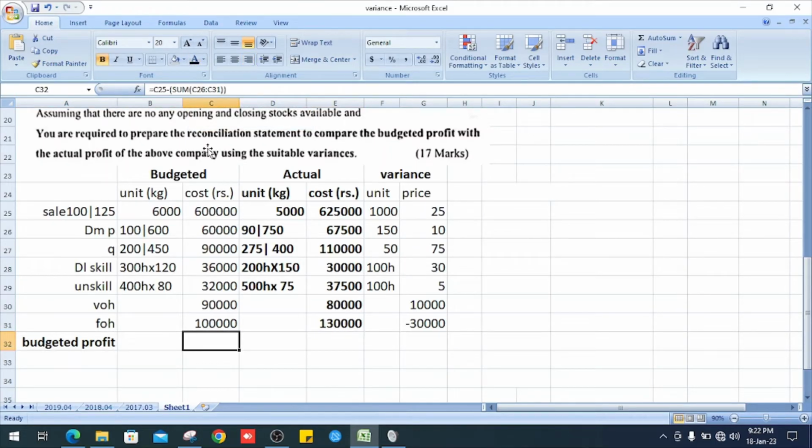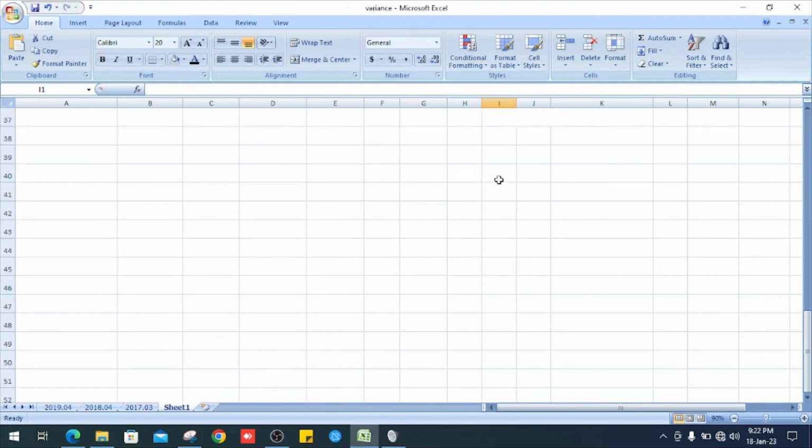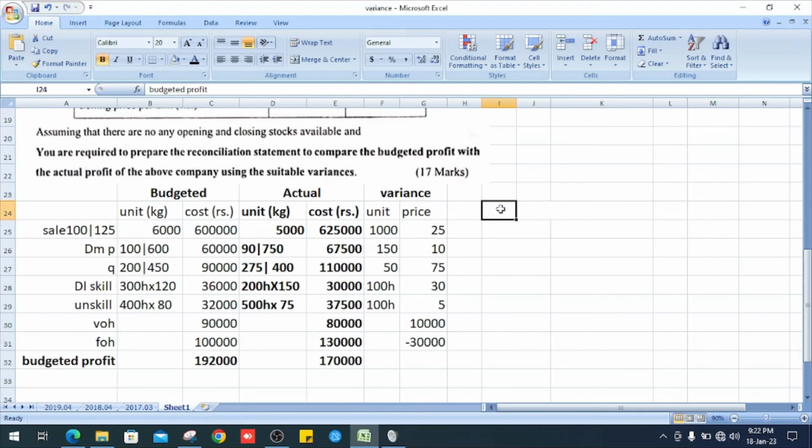Our budgeted profit is 192,000 and actual profit is 170,000. Next we prepare our statement.